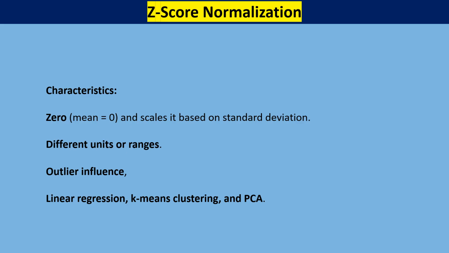There may be outliers, but they should not heavily influence scaling. Unlike min-max scaling, z-score does not constrain values within a fixed range, but instead centers them around zero.